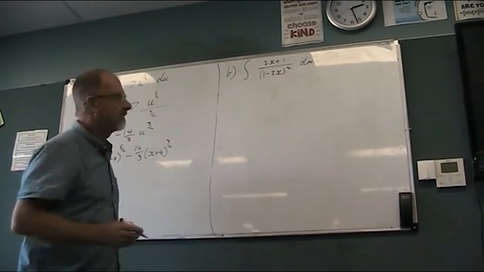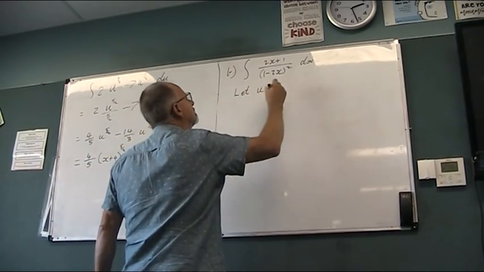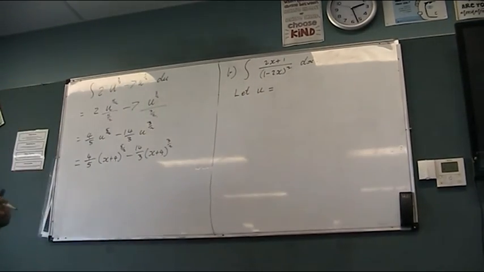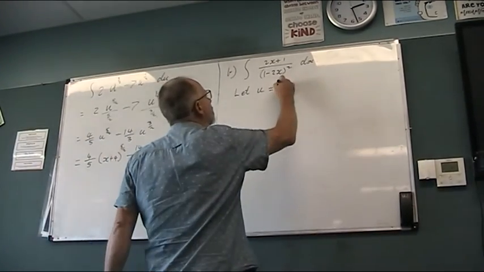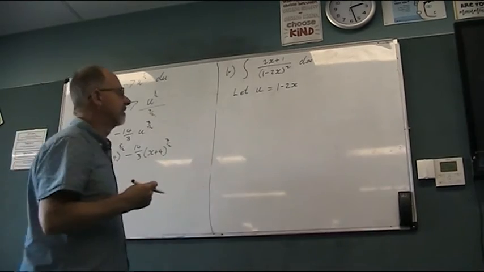Alright, we'll let u equal what? Let u equal 1 minus 2x. 1 minus 2x is a good choice. Just remember, we've got to simplify things.